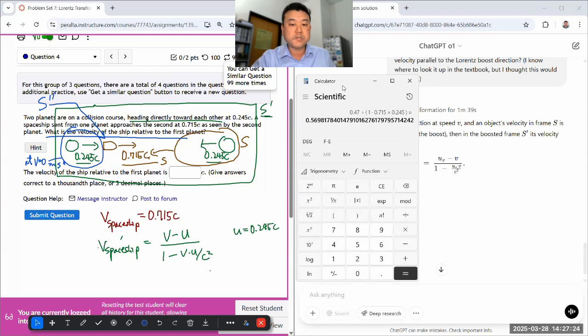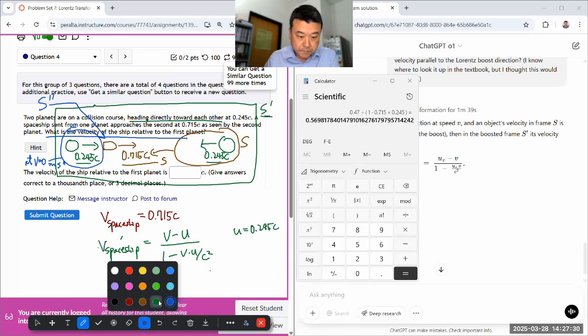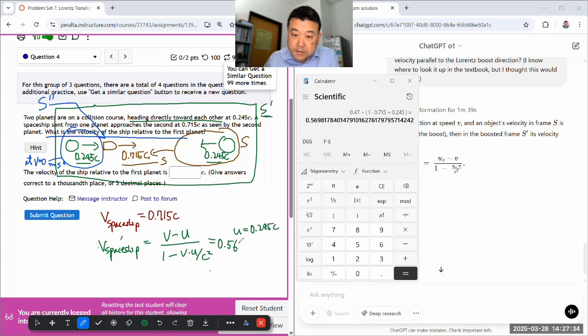So that's equal to 0.5698, so it's equal to 0.5698 C. And I do believe that's actually the correct answer to what the question is asking.